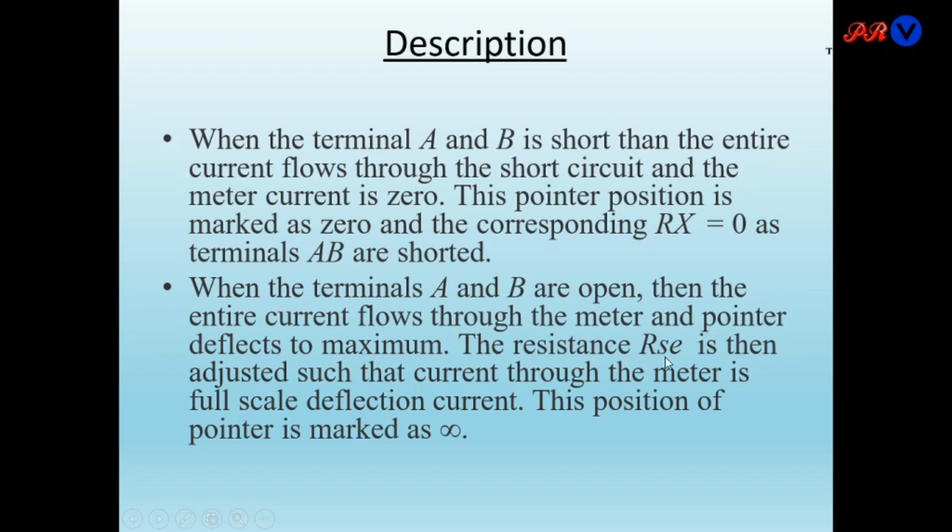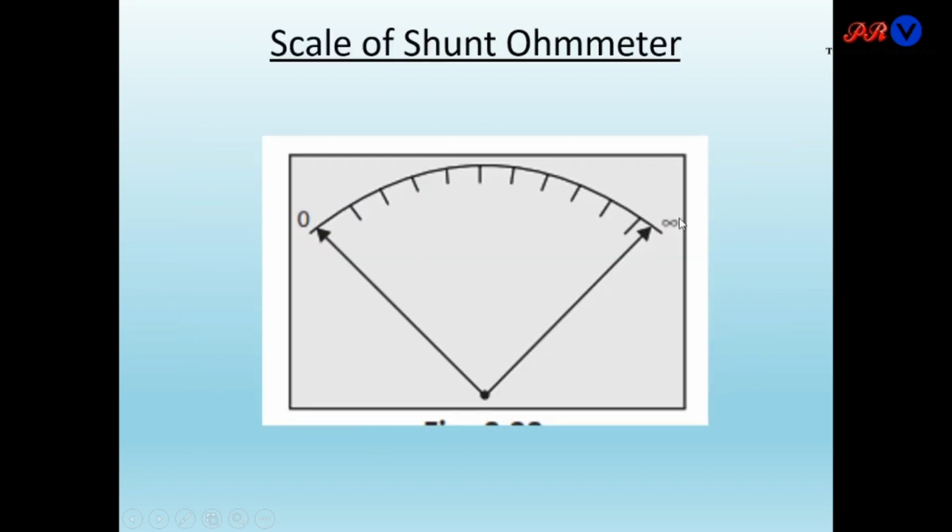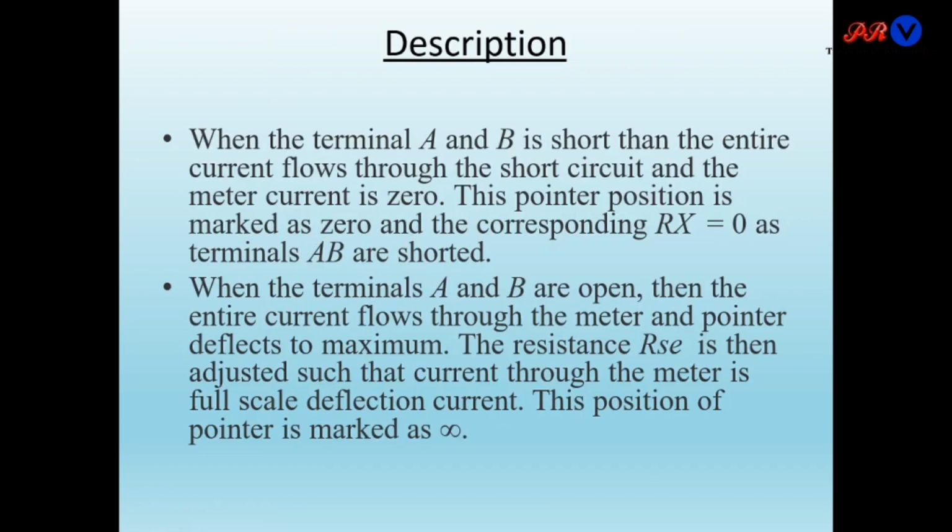The resistance Rsc is then adjusted such that the current through the meter is full scale deflection current. This position of the pointer is marked as infinite. Infinite means open circuit condition, 0 means short circuit condition. So in this way, the scale can be calibrated for the shunt ohmmeter.